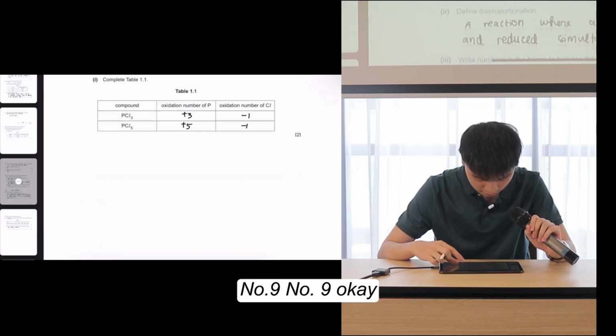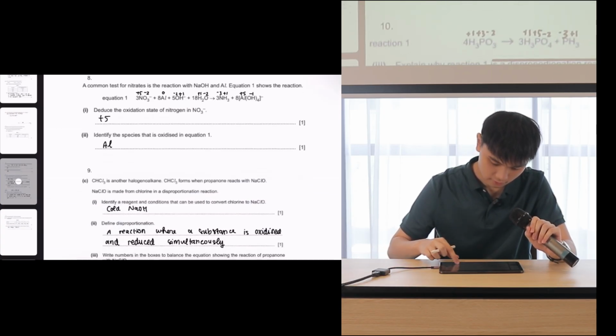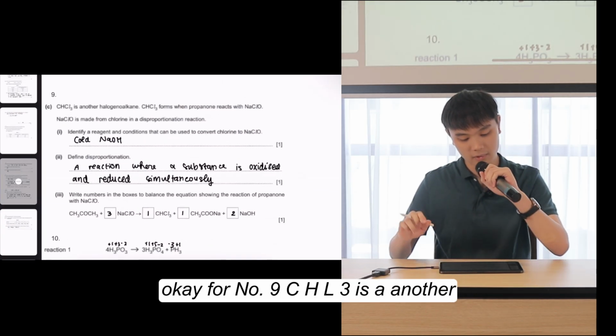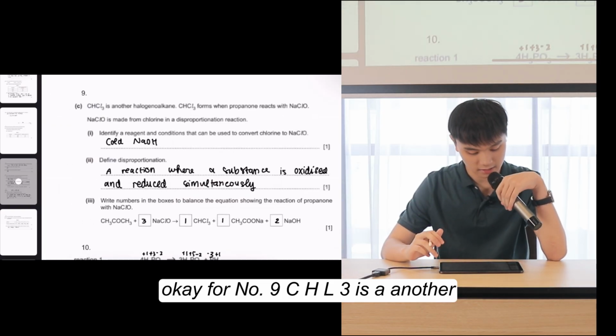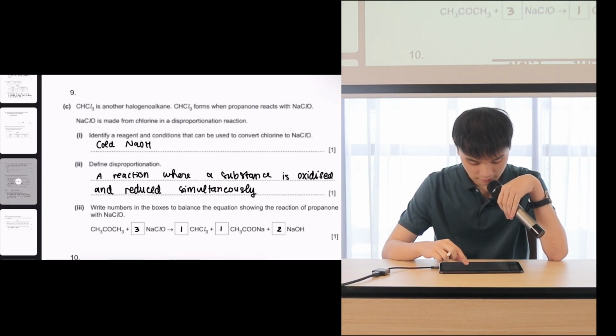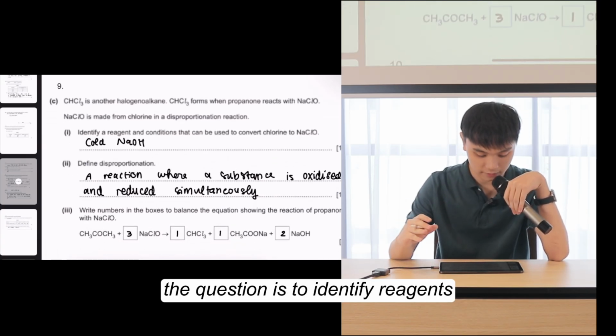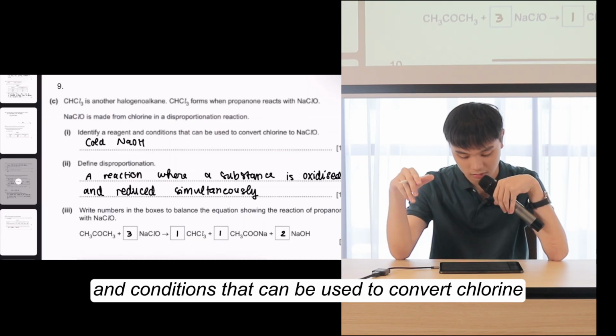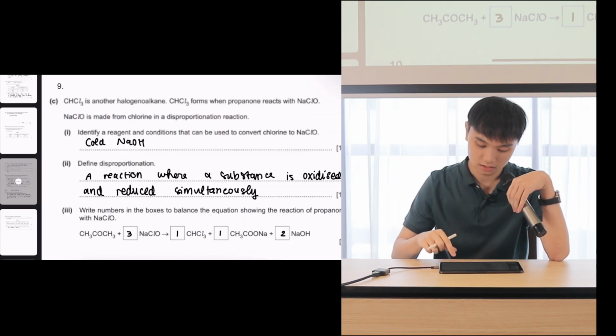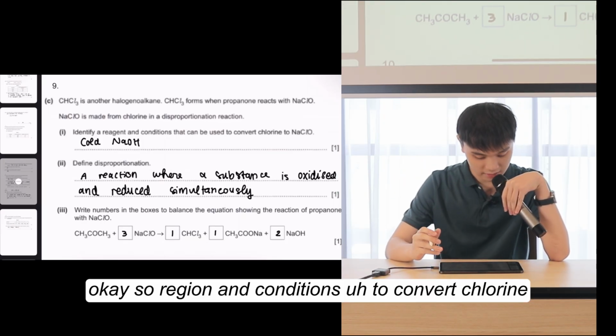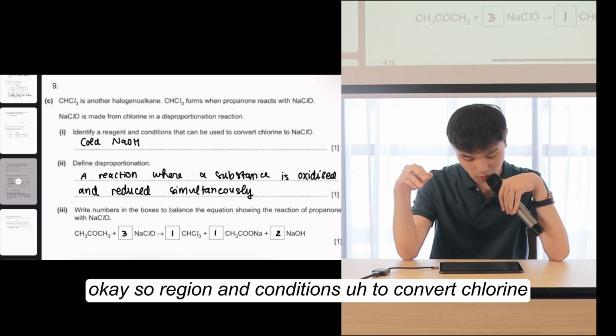Number 9. Okay, for number 9, CHCl3 is another. Basically, the question asks us to identify the reagent and conditions that can be used to convert chlorine to NaClO.